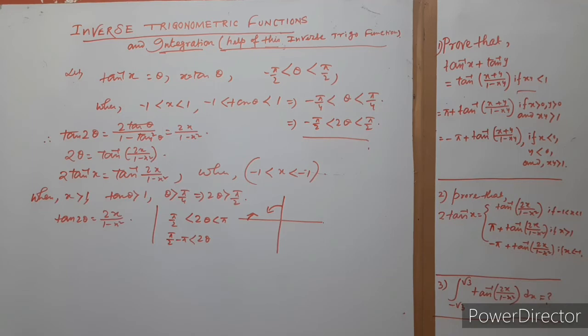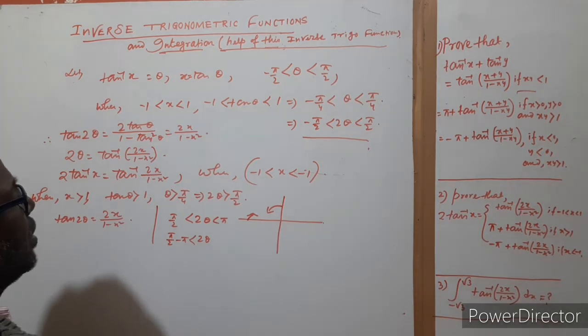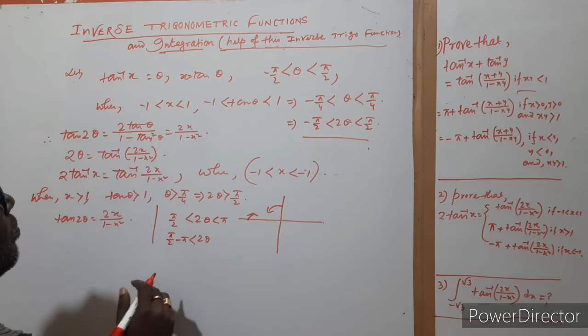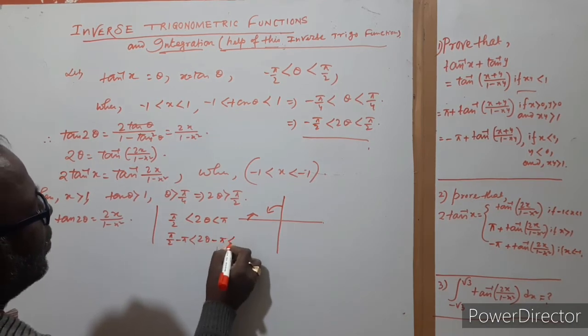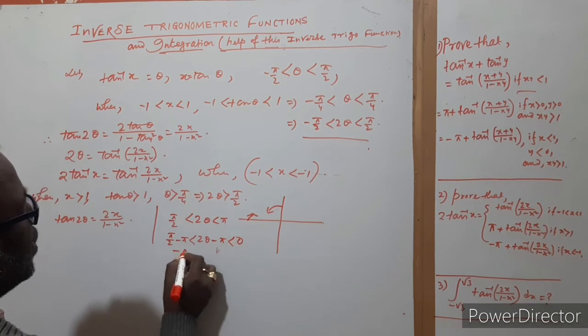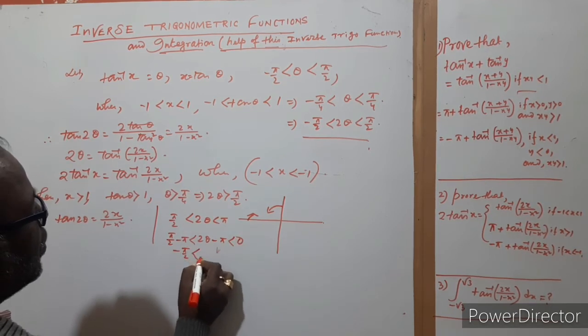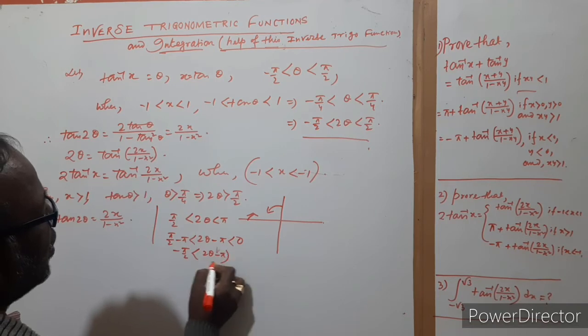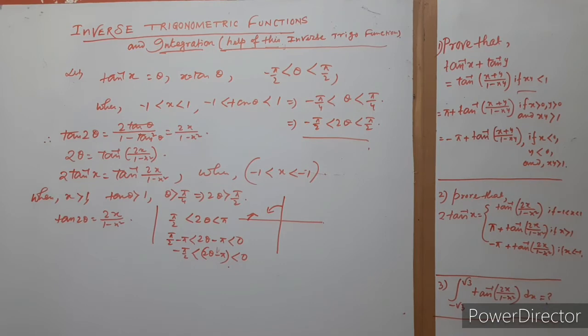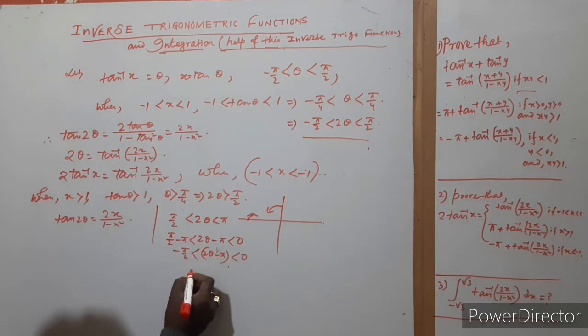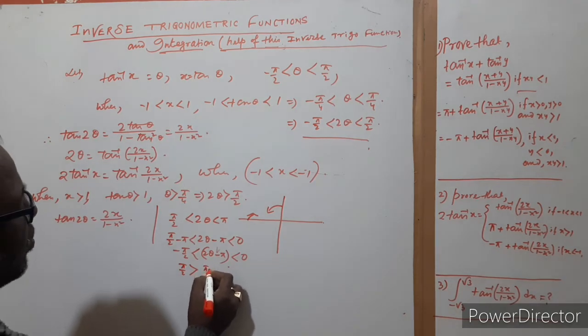So we always add either plus pi or minus pi. So doing minus pi here, this is minus pi by 2 to 0 for 2 theta minus pi. See, if we multiply by negative, this gives pi by 2 to pi minus 2 theta.